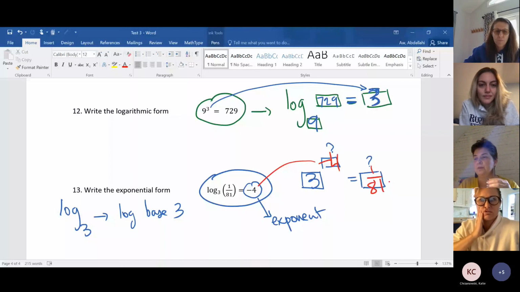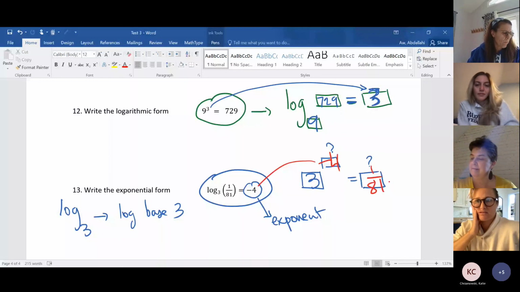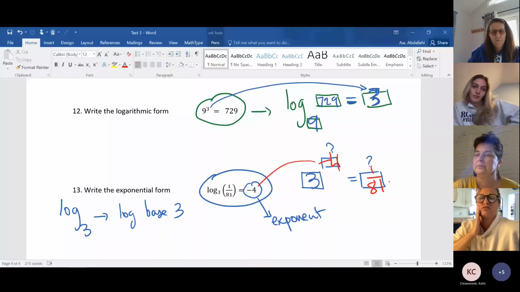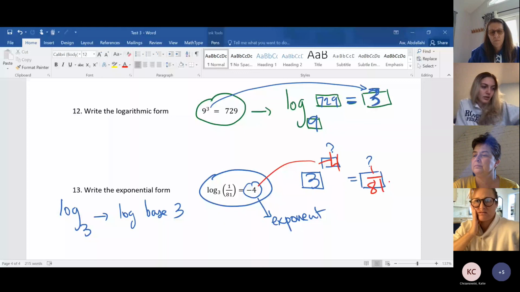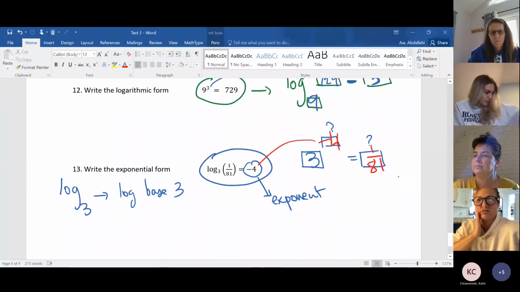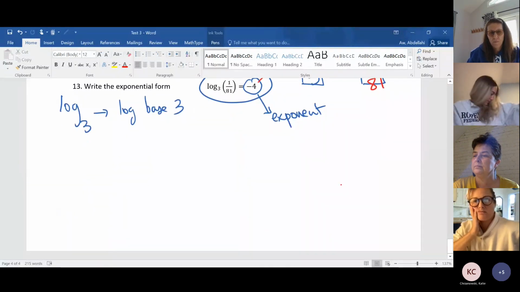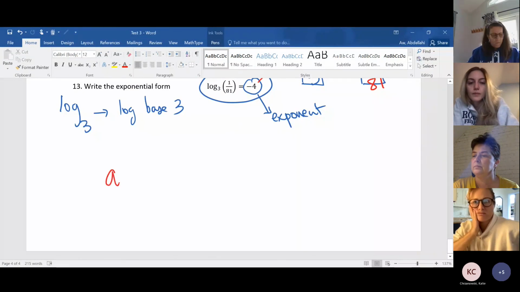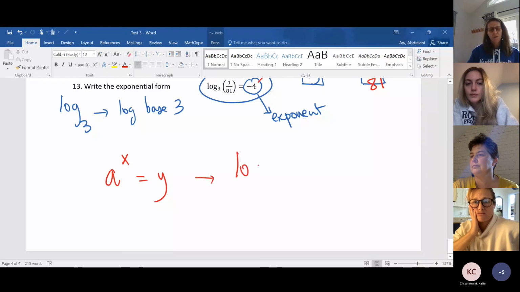Now, a definition always starts with memorization, because this is the very definition of the log, right? For instance, we say log is an operation in math. We said that another way to write a to the x equal y, what is the definition of log? Is to say log base a of y is equal to x.